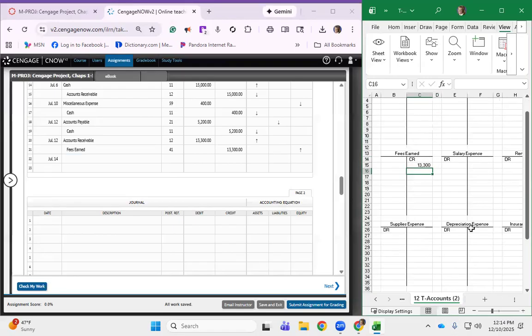Today must be payday. So let's go to salary expense, which is going to get the debit of 1750. Now I forgot to put this in. Hang on a minute. So we just earned fees on the 12th. And so there we go.